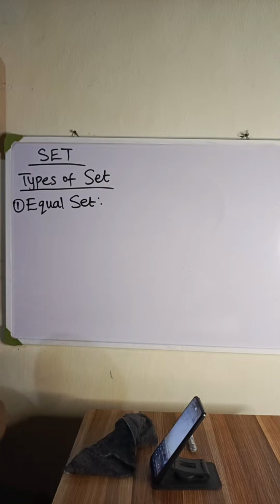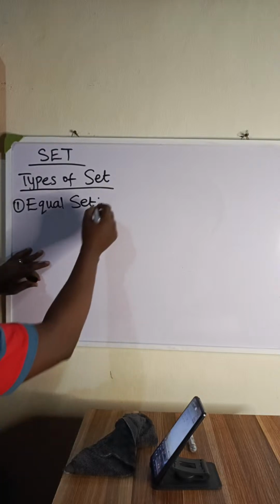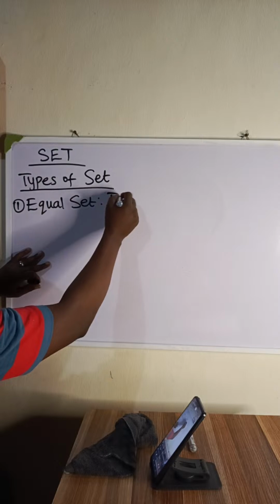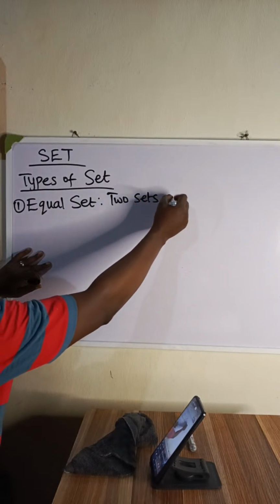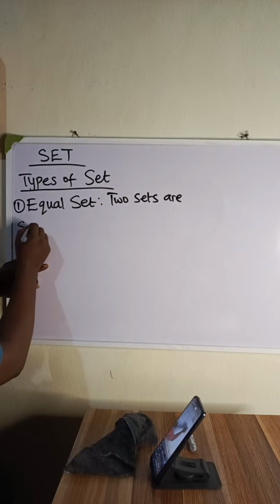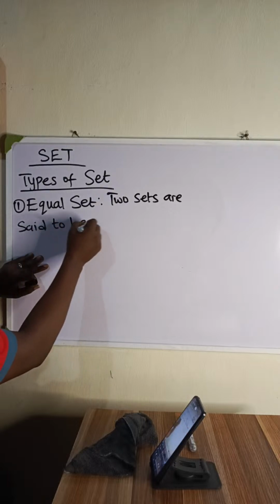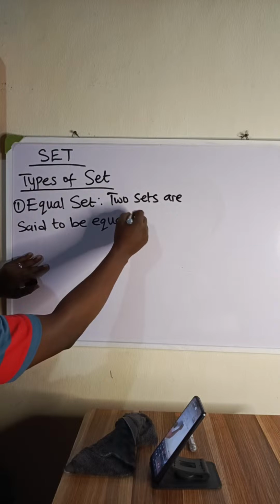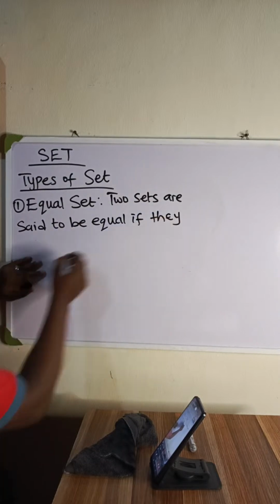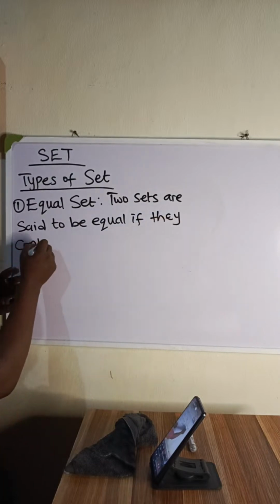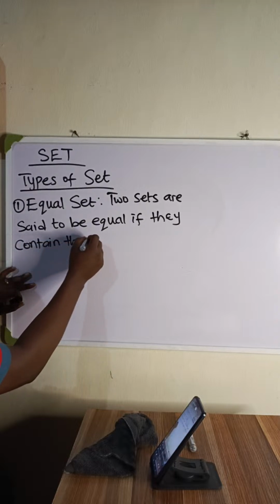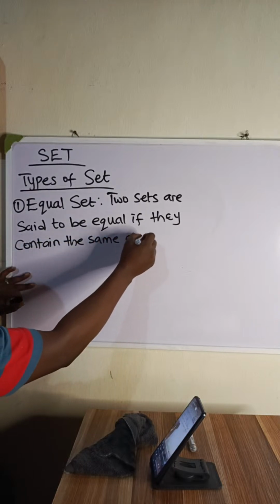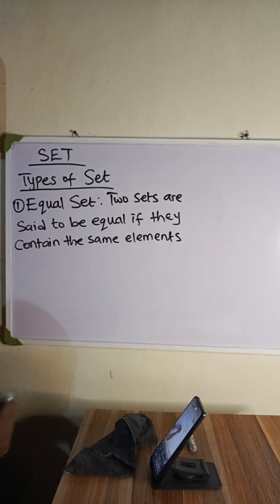Two sets are said to be equal if they contain the same elements.